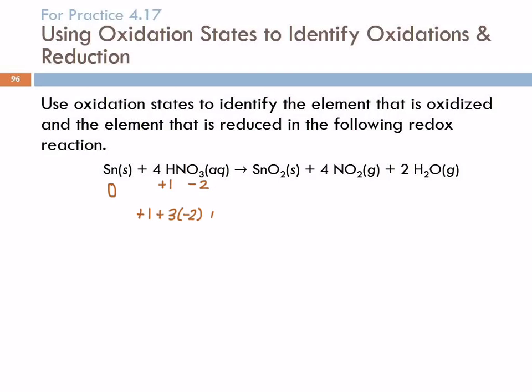And then we've got x for our nitrogen, and that has to add up to 0. So here I've got 1 minus 6 plus x equals 0. So this is minus 5 plus x equals 0. So x is what? Plus 5. I'm going to write him above because it's getting a little crowded down there. So the nitrogen is plus 5.